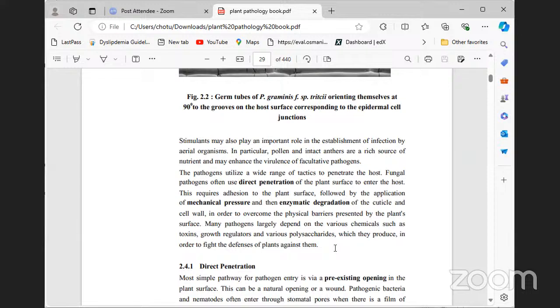In order to overcome the physical barriers presented by the plant surface, many pathogens largely depend on various chemicals, such as toxins, growth regulators, and various polysaccharides, which they produce in order to fight the defenses of the plant against them.